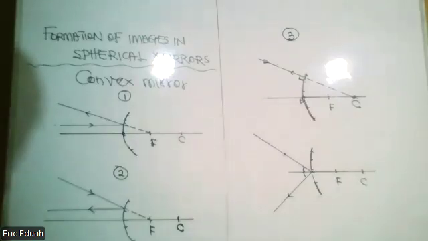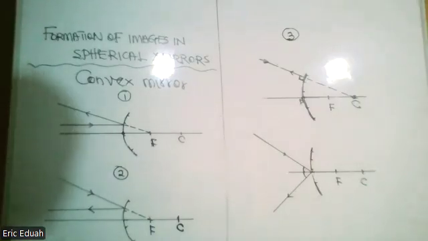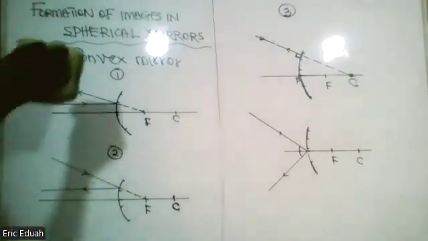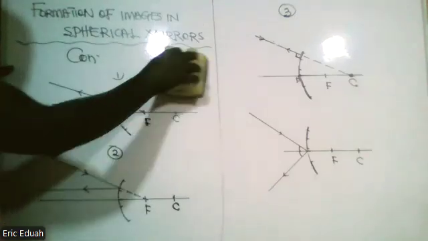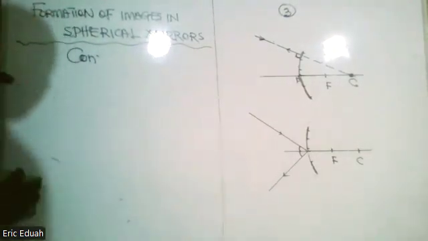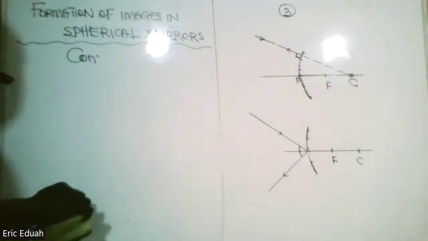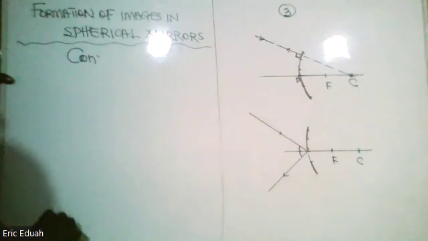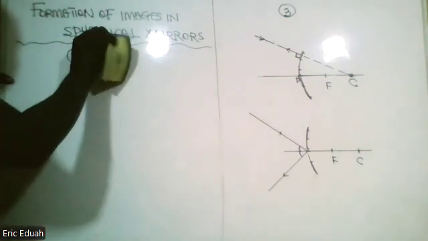All right. So let's go through image formation using concave mirrors. As for convex mirrors, it isn't much of a problem. But for concave mirrors, different object positions would give you different images.